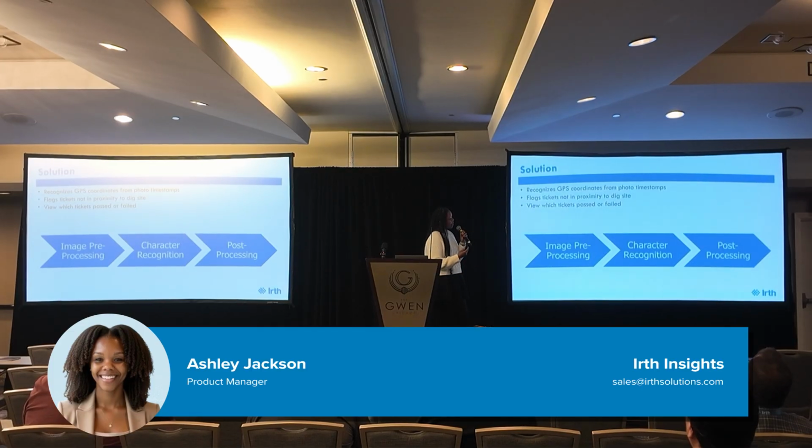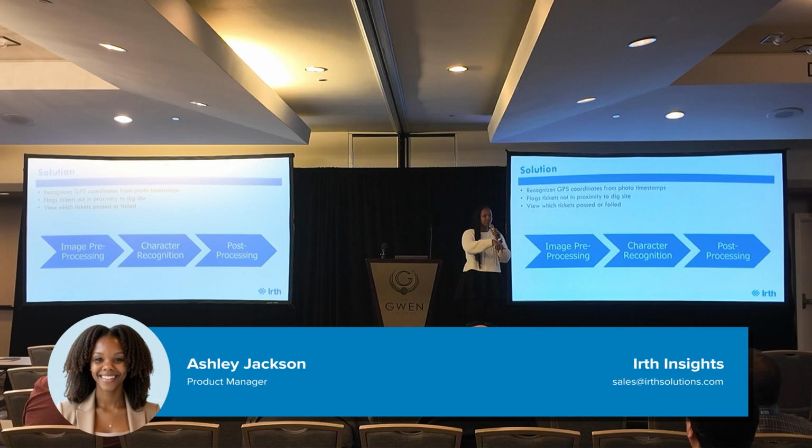So the processing itself, it's recognizing those GPS coordinates from those photo timestamps. I do recognize that some people are using third-party photo apps, but those photo apps are using the data and you're uploading them to Utilisphere. This can still read those same photos. So whether you're using our own mobile app or a third-party app, it still does the same thing.